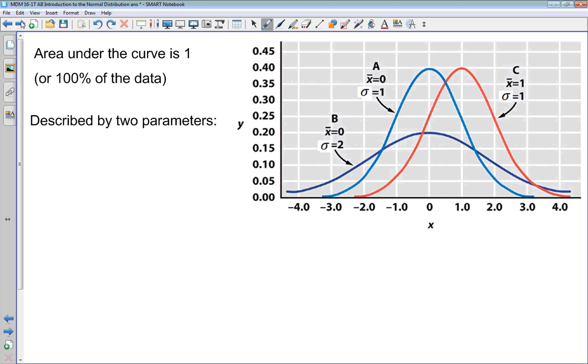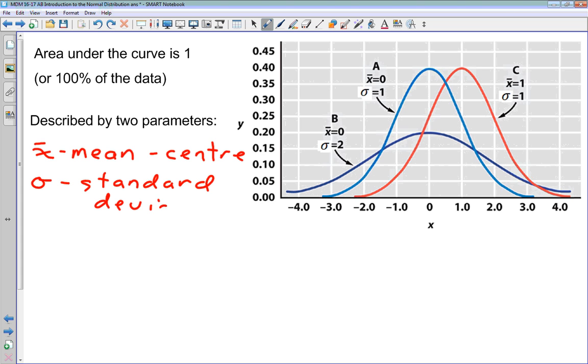There is the mean, which tells you where the center of this thing is. And there is the standard deviation, which basically tells you how wide this distribution is.